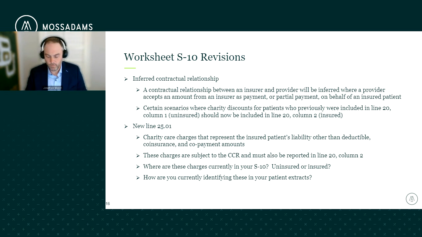Just like before, this line 25.01, while it's separately identified, is still subject to the cost to charge ratio. So you still have only coinsurance, deductible, and copay amounts not subject to the cost to charge ratio, and they flow down dollar for dollar onto the ultimate line 30 charity care cost. Every other dollar on S10 is basically subject to that cost to charge ratio.